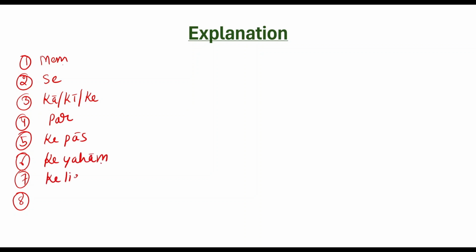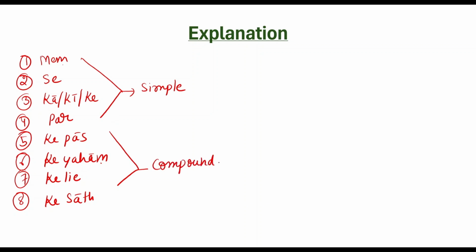I think these are the postpositions we have learned till now. I'm forgetting. Please forgive me. के पास, के यहाँ, के लिए, and के साथ. These 4 are simple ones and these 4 are compound postpositions.